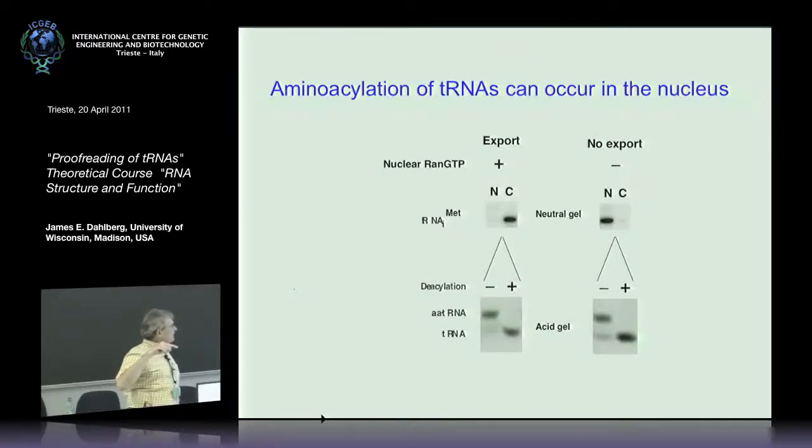Now we can see all the tRNA that we injected is in the nucleus. And now we ask, is that RNA aminoacylated? And yes, indeed, it is aminoacylated, even though it never got out into the cytoplasm. So that shows us that aminoacylation does occur in the nucleus.